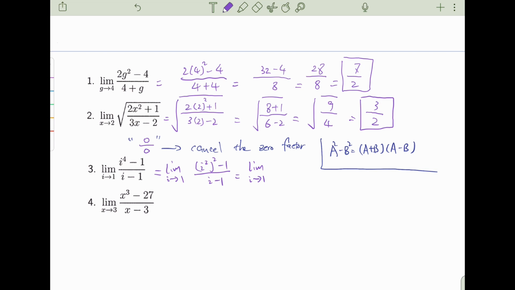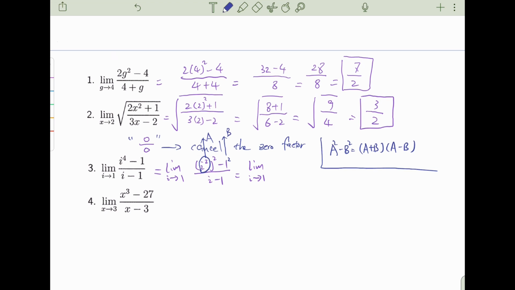Here x squared is my a, and this 1 can be viewed as 1 squared, so 1 here is my b. Now I do a plus b times a minus b, which is equal to x squared plus 1 times x squared minus 1, divided by x minus 1.